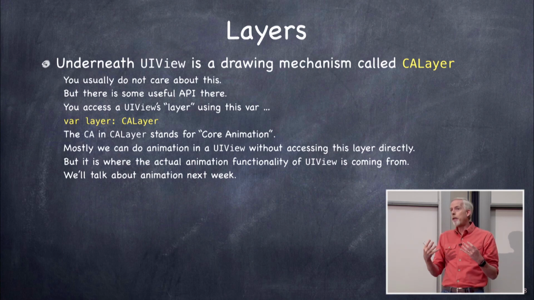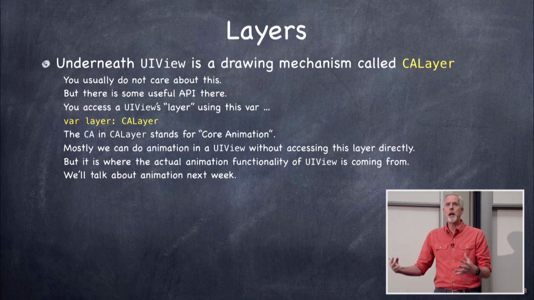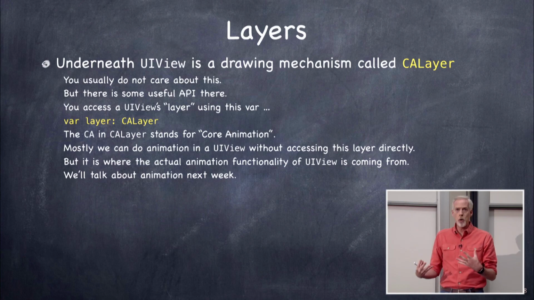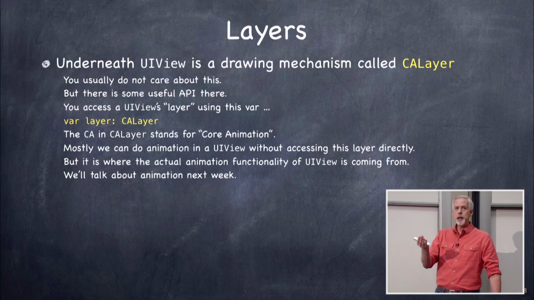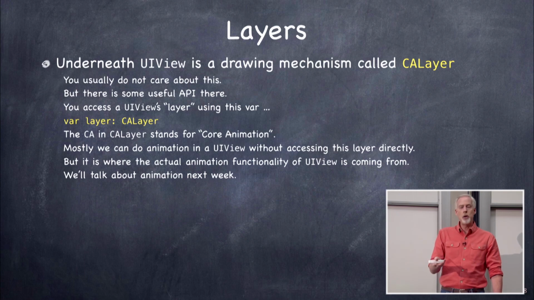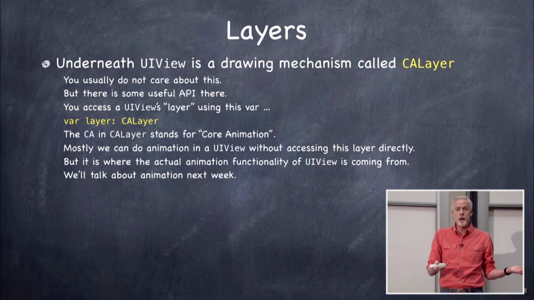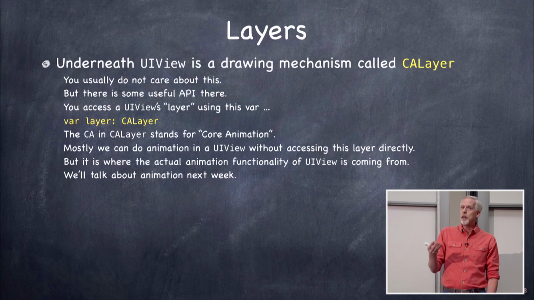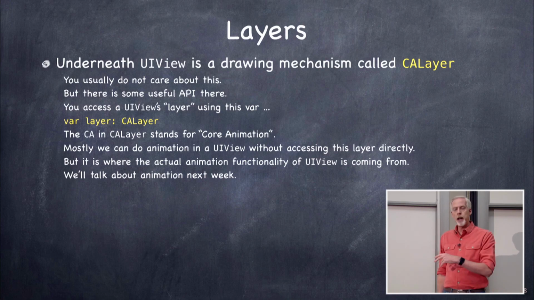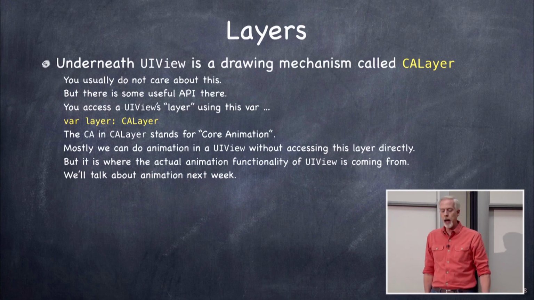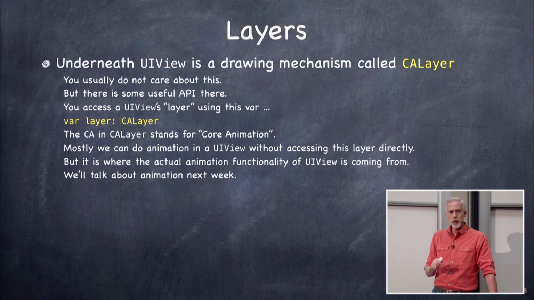And so the UIView, we see a top-level API for it, but there's actually a whole other API for drawing called the CALayer, Core Animation Layer API. And I actually mentioned this in the hints of assignment 2. You've already seen this. There's this var in UIView. It's in button because button's a UIView, called layer, okay, which gives you the layer, the CALayer, that's being used. Now, I'm going to talk all about animation, hopefully next week, maybe the week after, and we'll get into some of this stuff.